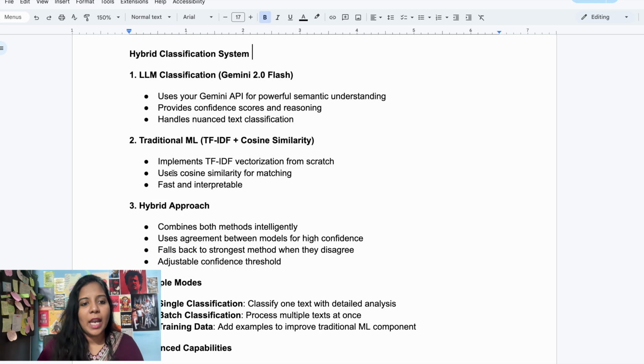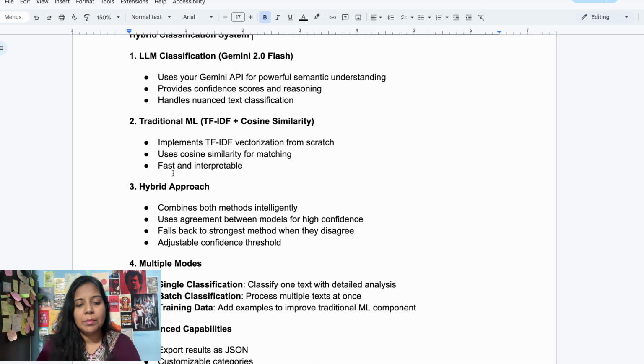And then traditional ML, I use TF-IDF, term frequency inverse document frequency, and cosine similarity in order to understand the calculation, the words and their frequency level, how many words have been identified and how important each is, to give priority and to find the sensitivity in it. So traditional ML I use.